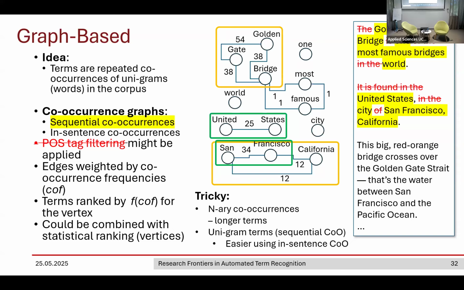So if golden co-occurs with gate 54 times, that is a well-repeated co-occurrence, so you have to pay attention to that. And if golden co-occurs with bridge 38 times, this is also a well-repeated co-occurrence. If you have a big corpus of documents, this will be a little more reliable information based on the co-occurrences in all the texts.